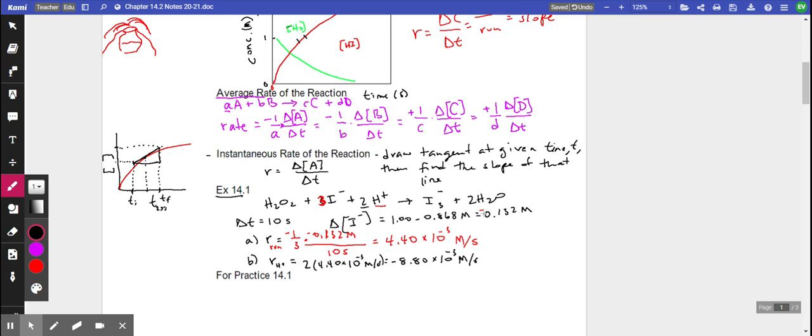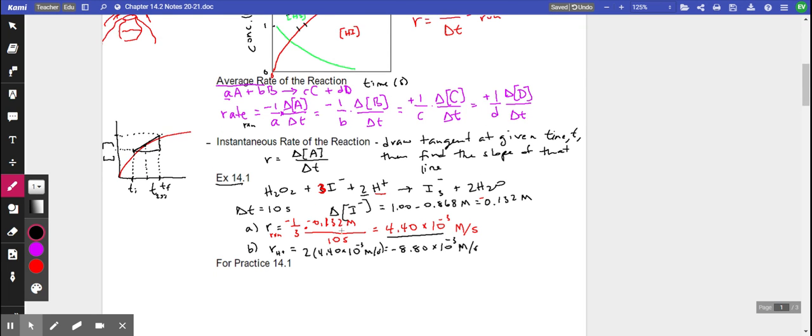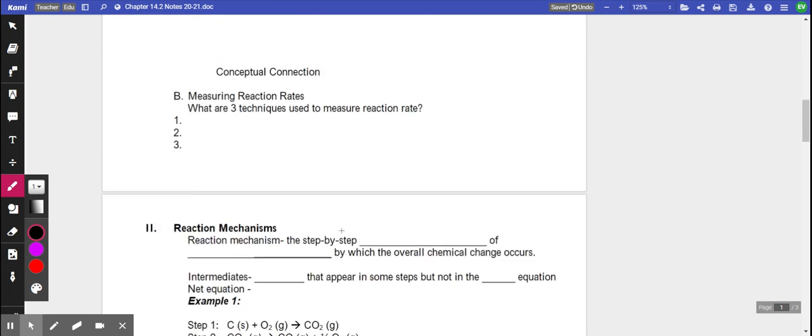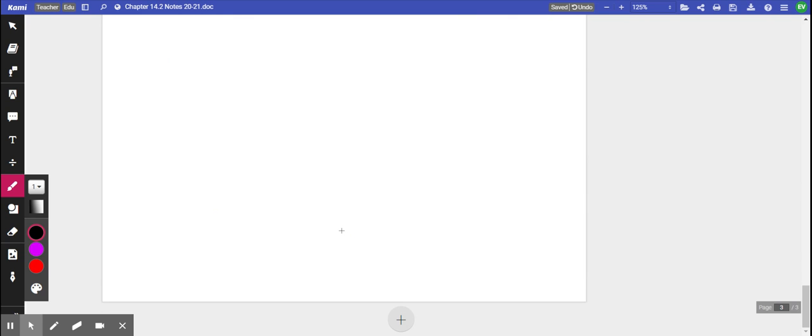Okay, another way of looking at that would be if I plugged this number in red, the rate of the reaction right here, then I'm looking for the rate of change of the H plus. So I'm going to need more room. Let me scroll down. Do I have room at the very bottom? Yes, I do.